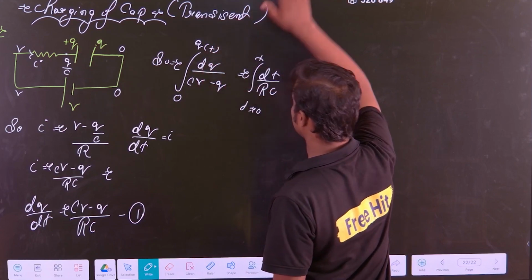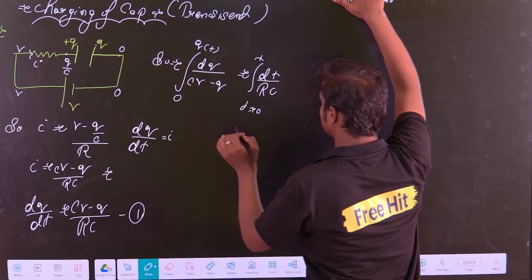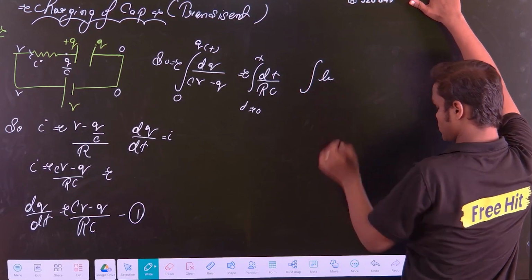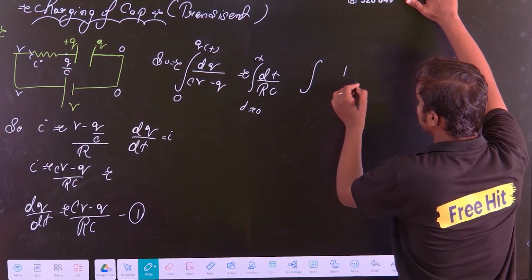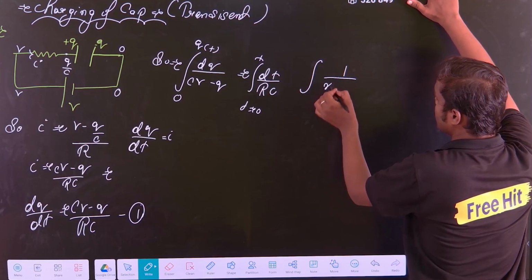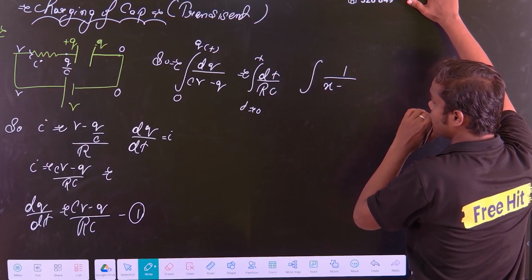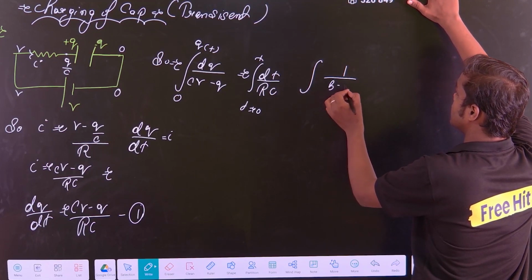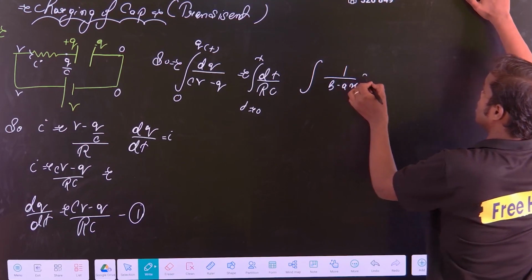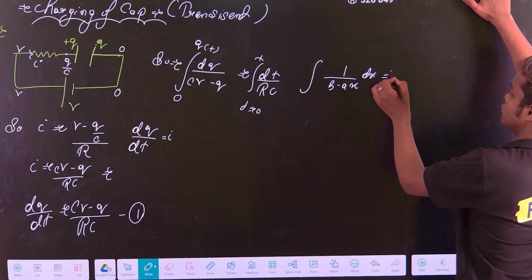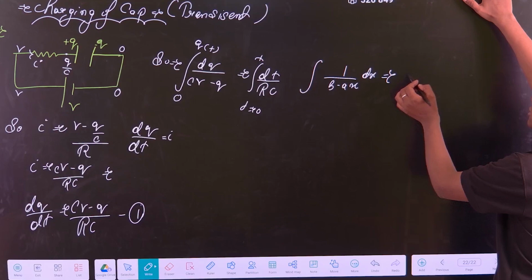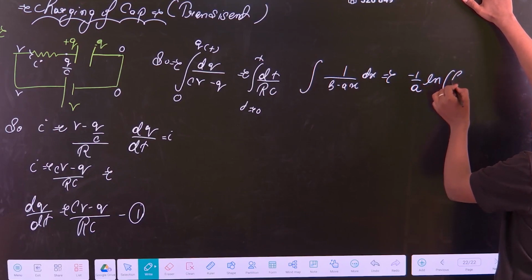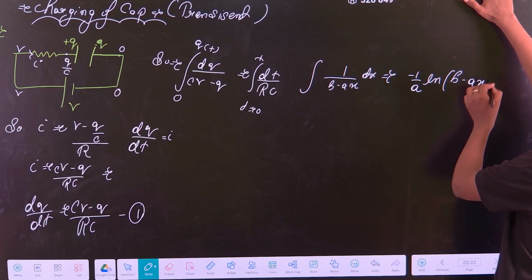Now when you do this integration, remember the integration of 1 upon (b minus ax) into dx. For NEET students, I am telling you this integration will be minus 1 upon a into ln (b minus ax), correct?